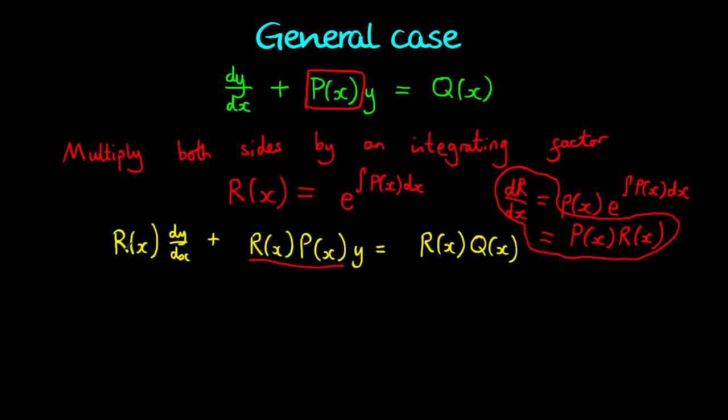So this left hand side is r times the derivative of y with respect to x, plus y times the derivative of r with respect to x. And that sounds like what you get when you use the product rule of differentiation.